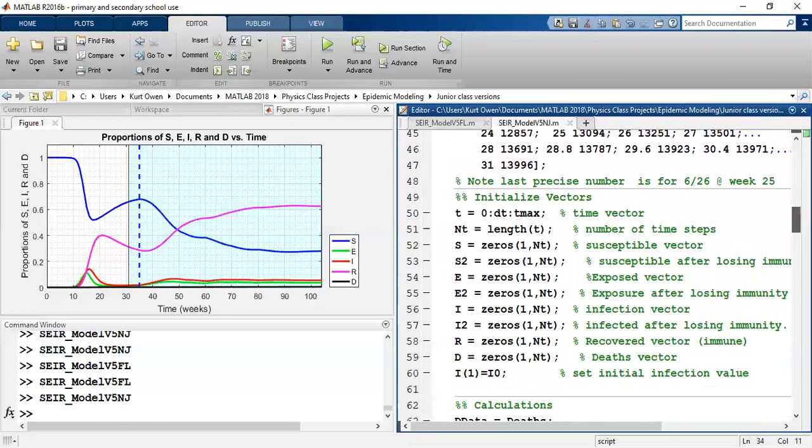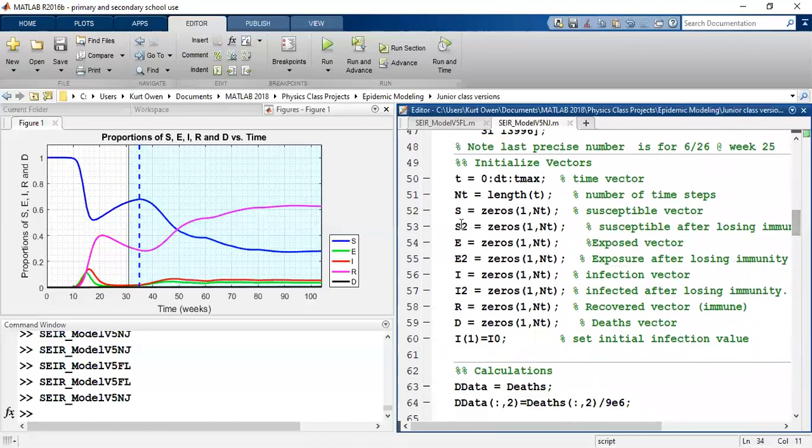And then as we go down into our vectors, notice we have an S1 and an S2 now. Okay, so S2 is the susceptible people who have already been sick. E2 needed to be created. Those are the exposed people who were already sick in the past, so they're going to have those T cells. I2, infected people who were infected in the past.